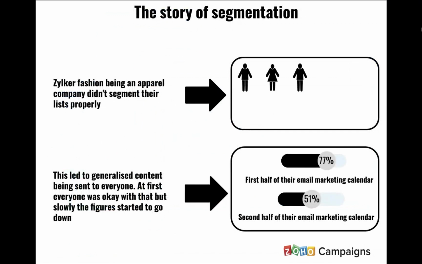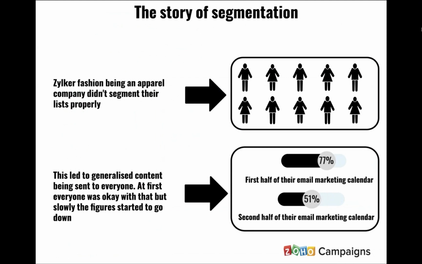Now let's take a look at the story of segmentation that was implemented, or rather not implemented, by Zilker Fashions. They started sending generalized content to everyone because they didn't segment their lists. Let's say this generalized content was about the new launch of apparels in men's clothing.